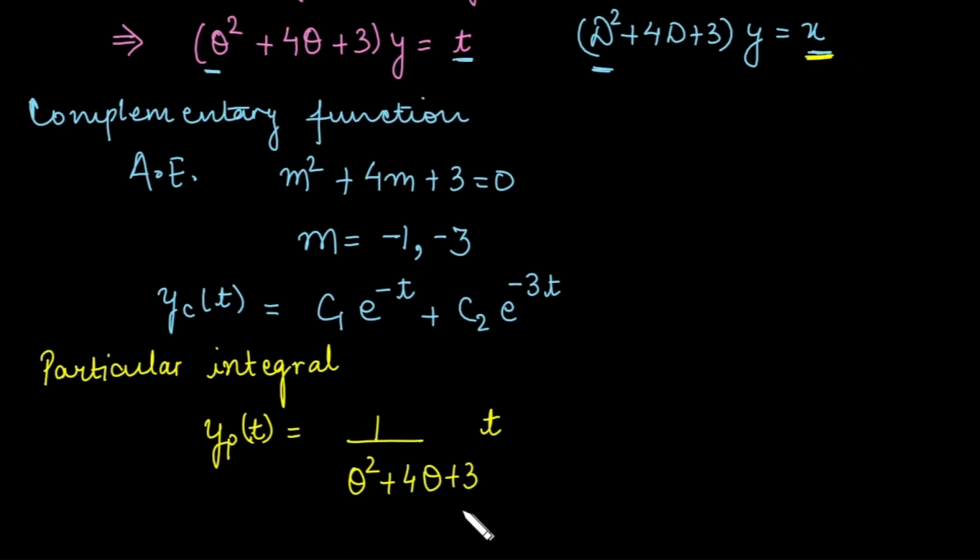In case of a polynomial, we take the lowest power of D outside. Now in this case we will take the lowest power of theta outside, which starts from the constant. So take the constant outside, we have 1 by 3 into 1 plus theta square plus 4 theta by 3, into t.